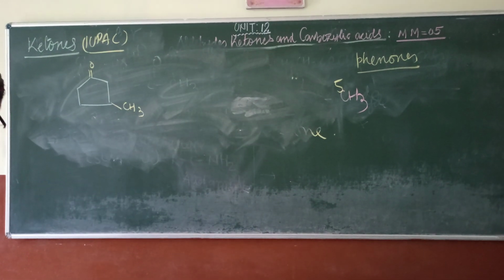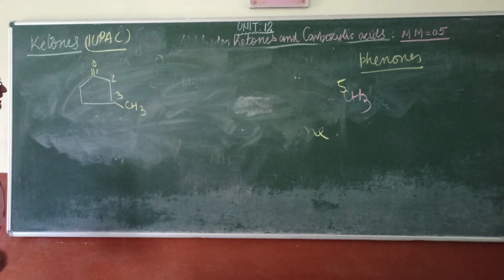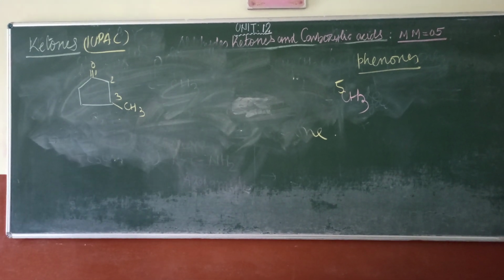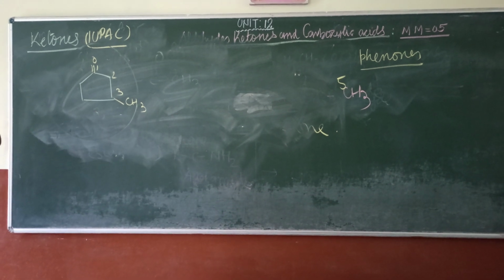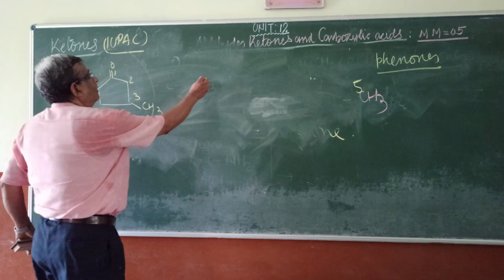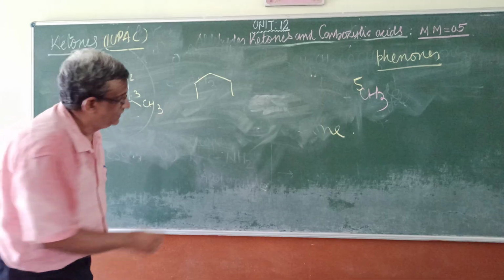Let us number it. Numbering is done like this. 1, 2, 3. What is the name of this compound? This is 3-methyl cyclopentanone.